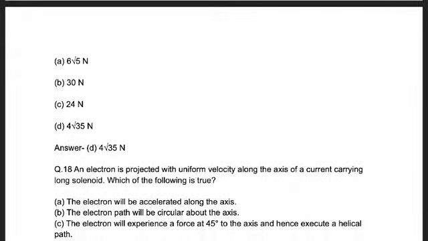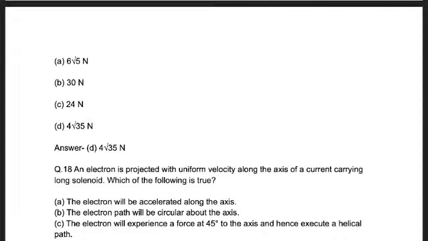Question number 18. An electron is projected with uniform velocity along the axis of a current carrying long solenoid. Which of the following is true? A. The electron will be accelerated along the axis. B. The electron path will be circular about the axis. C. The electron will experience a force at 45 degrees to the axis and hence execute a helical path.